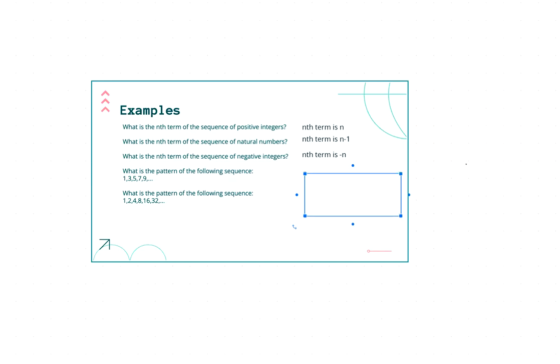Because as we're increasing n in increments of 1, going from the first term to the second term, or the second term to the third term, the term in the sequence is increasing by 2 each time. So we know we have a 2n in there because as n increases by 1, the whole output is going to increase by 2.